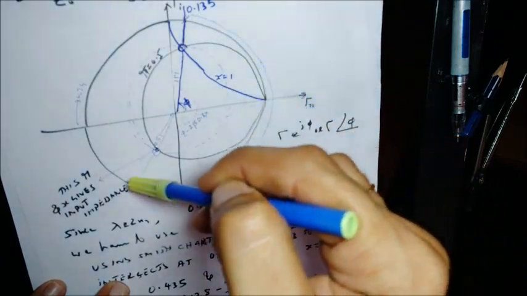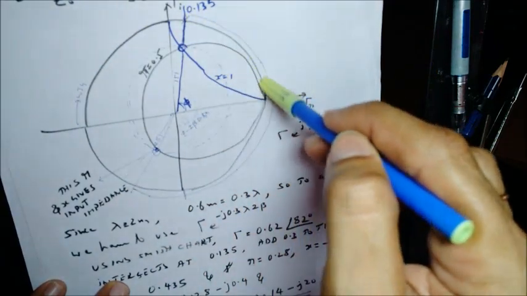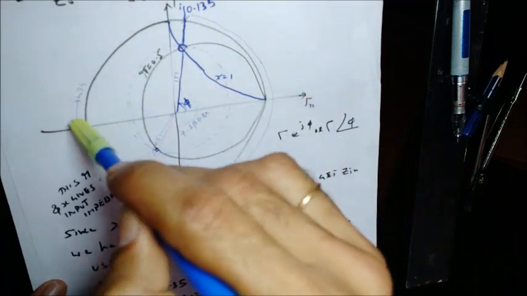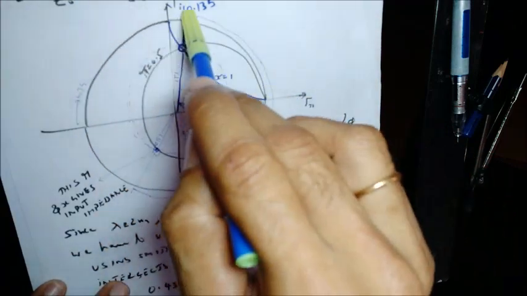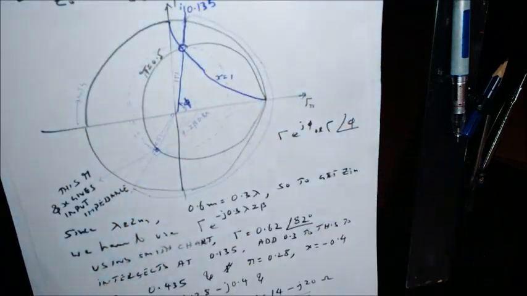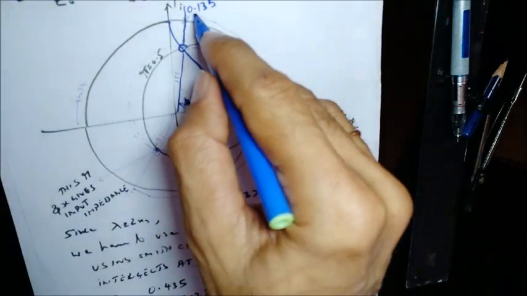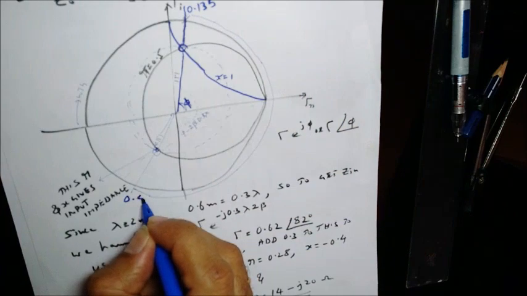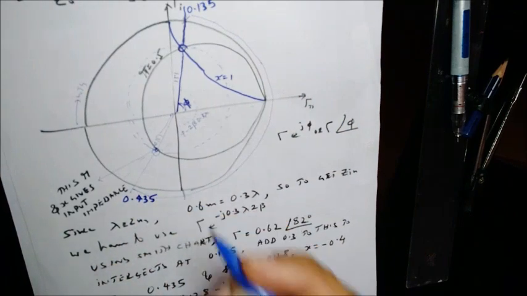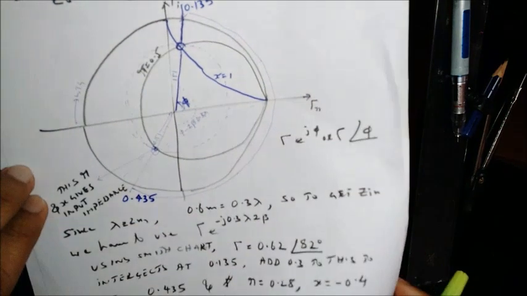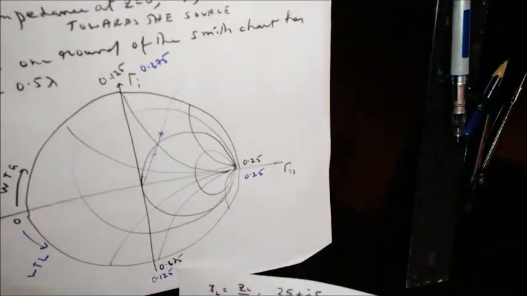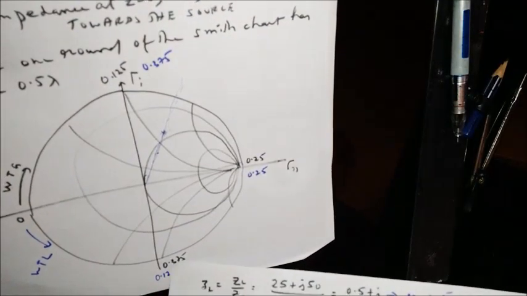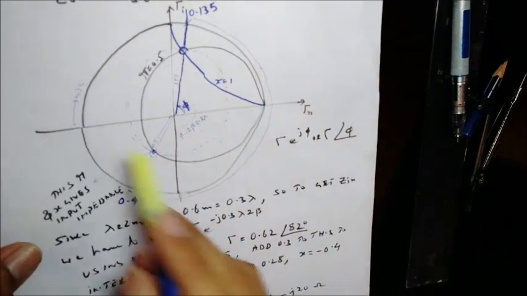So when I go 0.3 in this direction, because it is wavelengths towards generator, I add 0.3 to this and I reach 0.435. It will be somewhere here, because again if you see, 0.375 is here, and 0.5 is here. So 0.435 will be somewhere here.